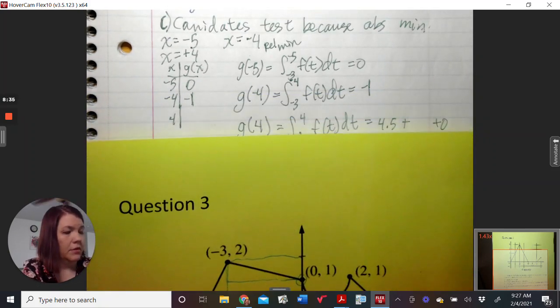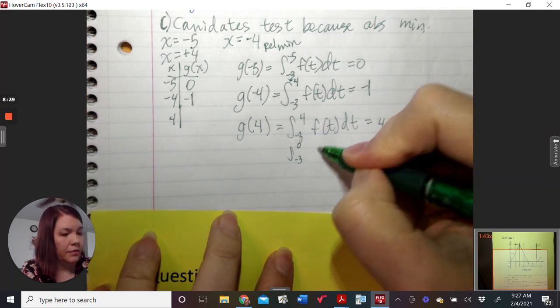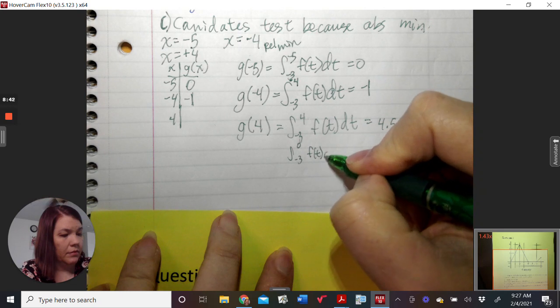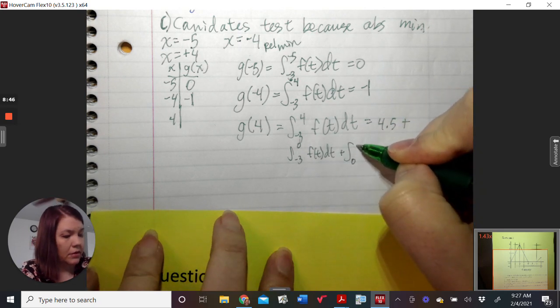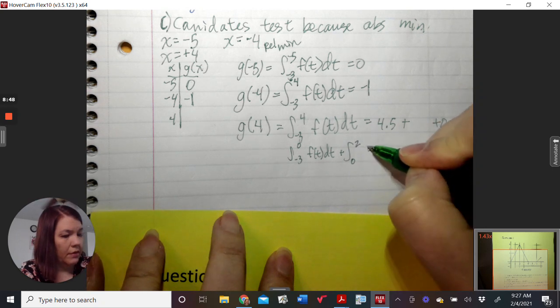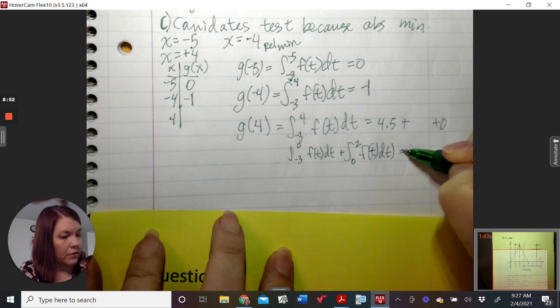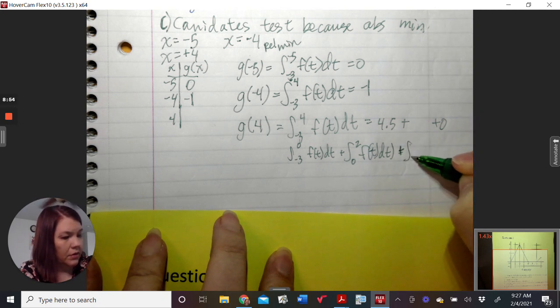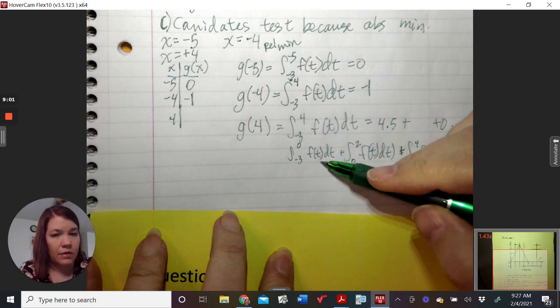So we broke this up into the integral from -3 to 0. We're going to add to that the integral from 0 to 2 of f of t dt, which we're going to add to the integral from 2 to 4 of f of t dt. Okay, the last one is 0. That one we already got from a previous problem.